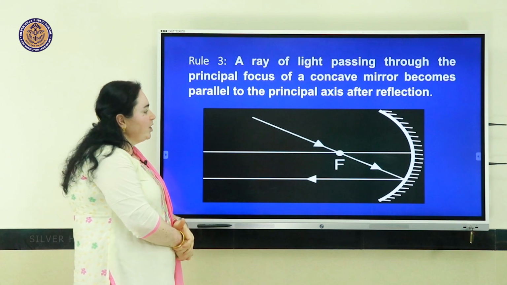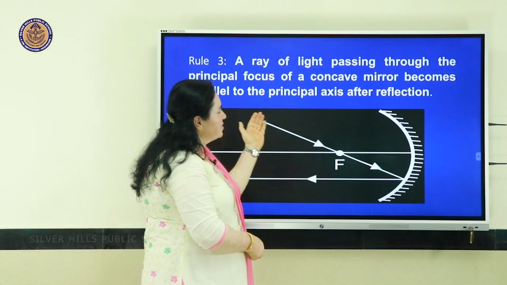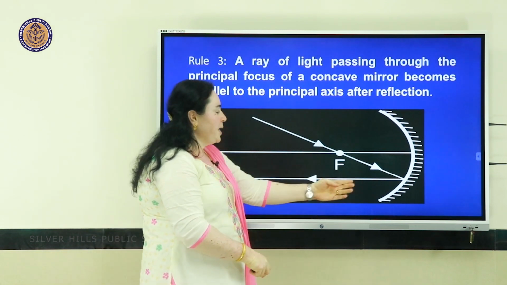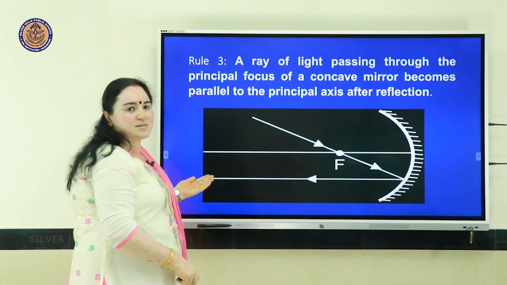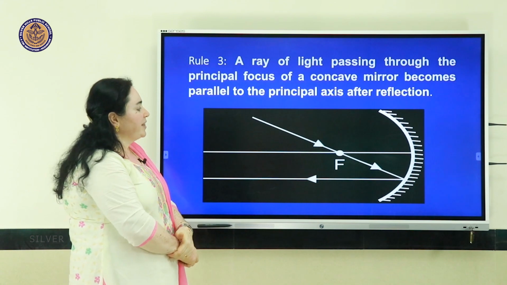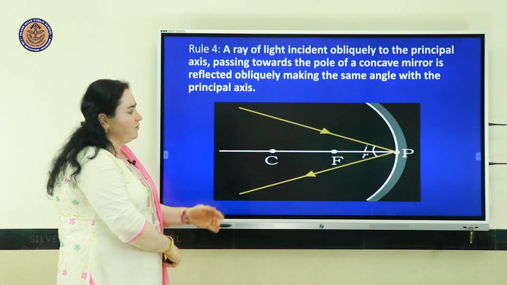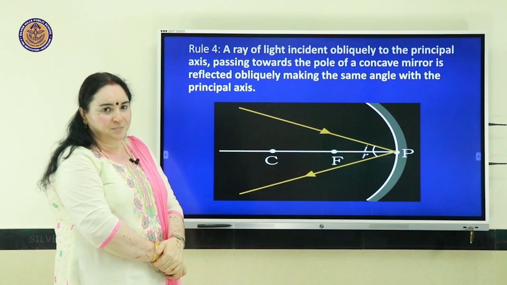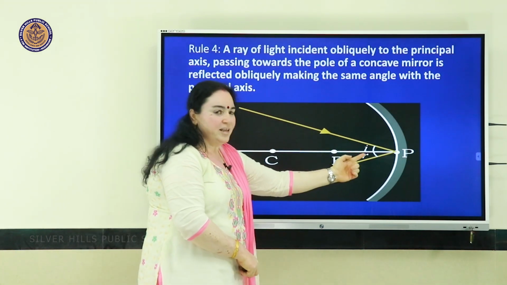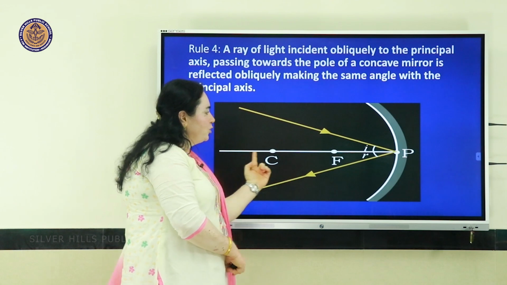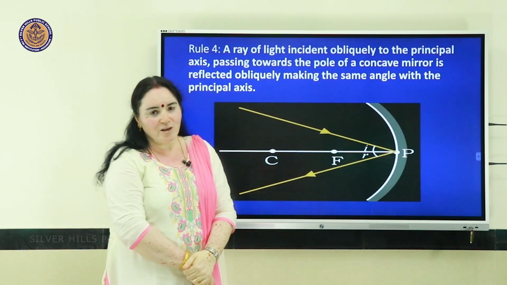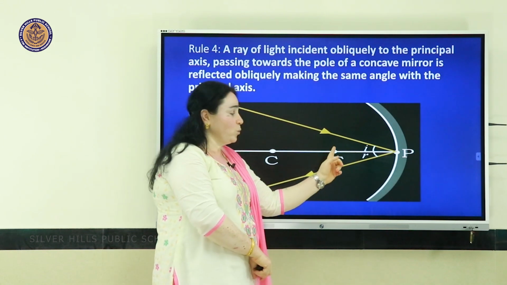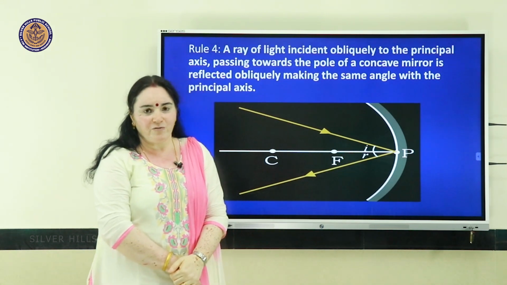Third rule, a ray of light passing through the principal focus of a concave mirror after reflection becomes parallel to the principal axis. And the last rule is actually very pictorially explaining to us the laws of reflection. It is the incident ray, the reflected ray and the normal all lying on the same plane, and the angle of incidence is equal to the angle of reflection.